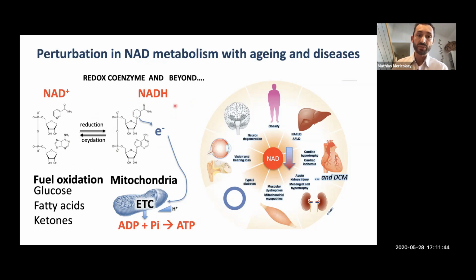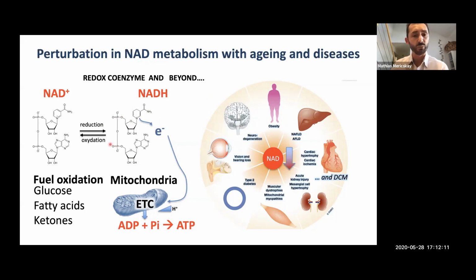But on top of that, there is an emerging role of NAD in the last 2 decades, where it's been involved in other signaling pathways that I'm going to detail in a minute. It's been shown that in a number of different disease contexts or metabolic syndromes, there are alterations not only in the redox state of NAD+ to NADH, which is, of course, occurring in heart failure.